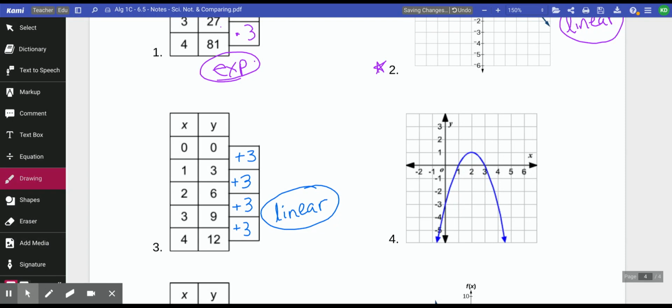Okay, our next one here, it's a curve, right? So we know it's not linear, okay? But it's not approaching 0, right? Our exponential curves either look like this or they look like this, but they're approaching 0 on one side. This one is neither of those things. So it's not exponential, it's not linear, it is neither.